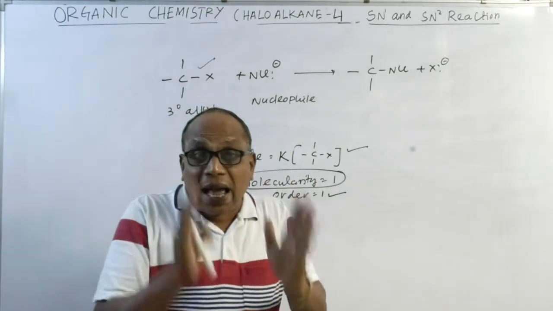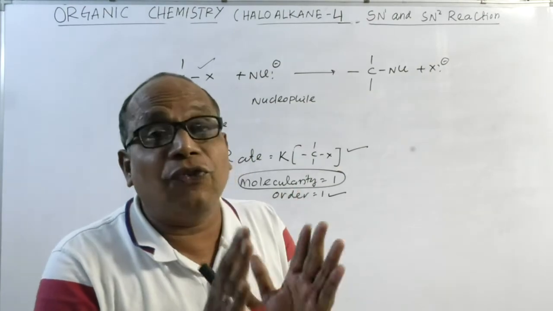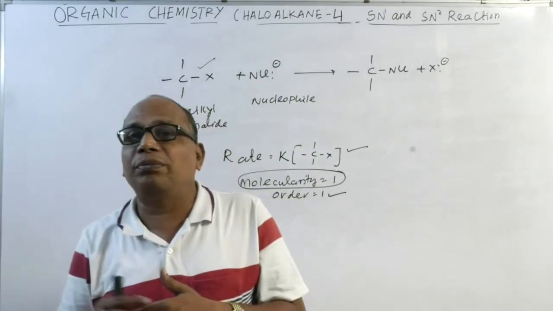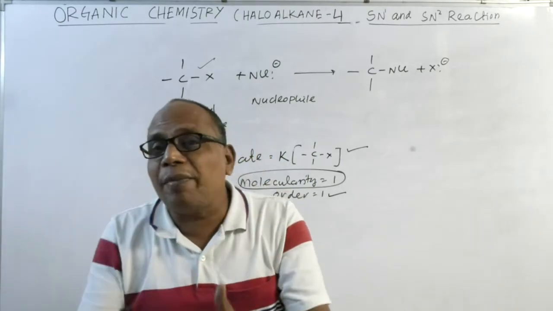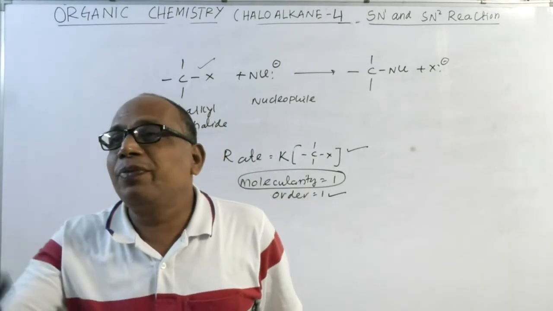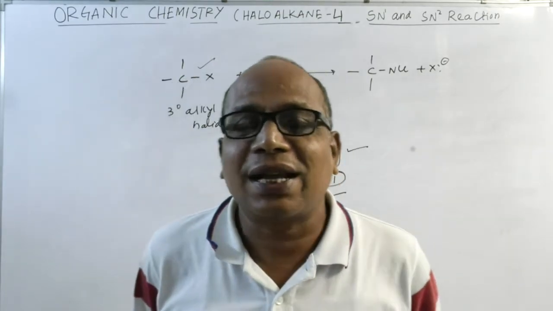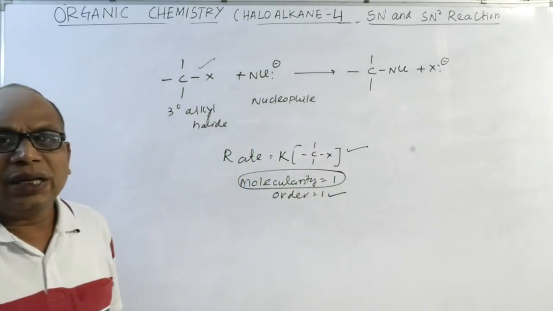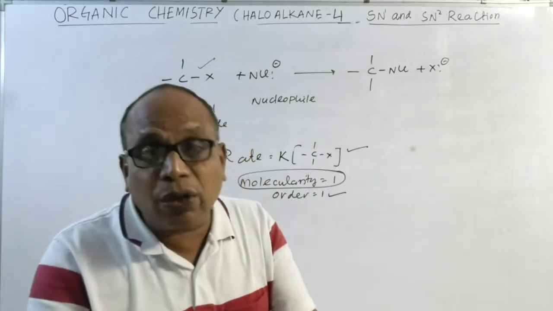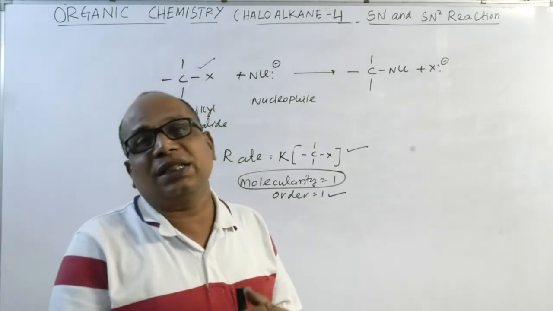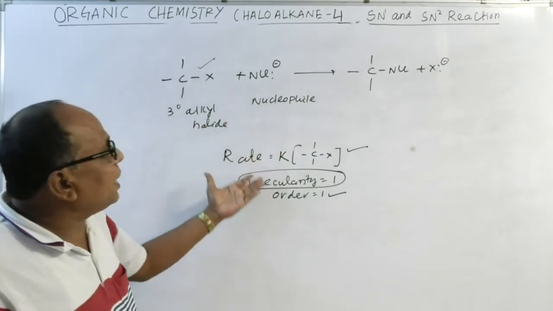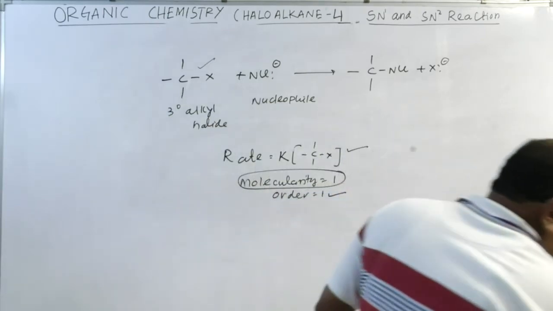So mechanism means which bond will break first, what intermediate will form, and how this intermediate further reacts with another reactive species to give the product. In certain cases the mechanism may consist of more than one step; in some cases it consists of one step. So, let us study the mechanism of the SN1 reaction.